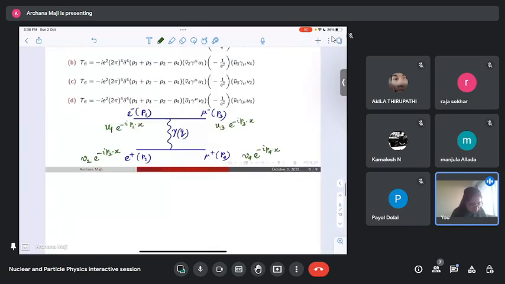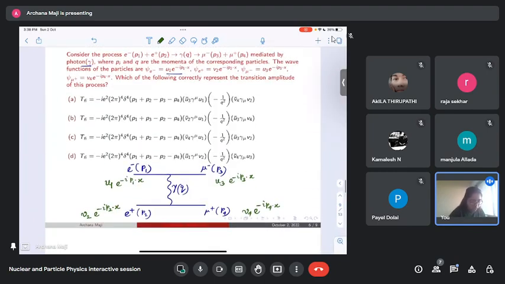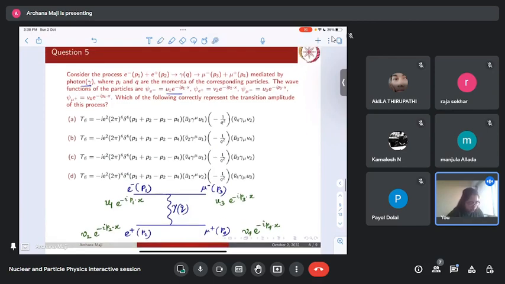Okay, now note, there are two charged particles. The previous question was the interaction of a charged particle with vector potential A mu, but now this is the interaction of two charged particles.